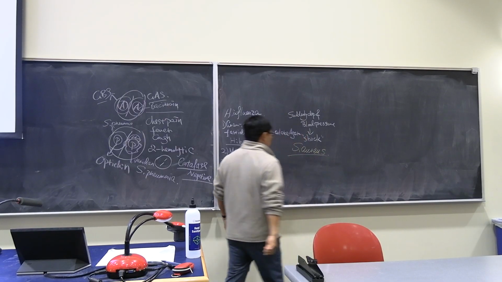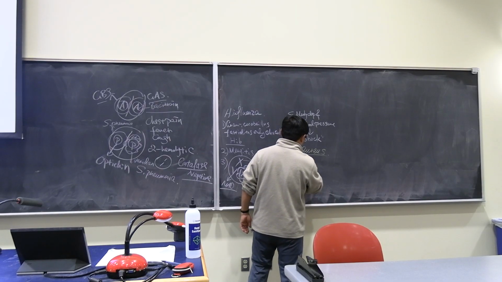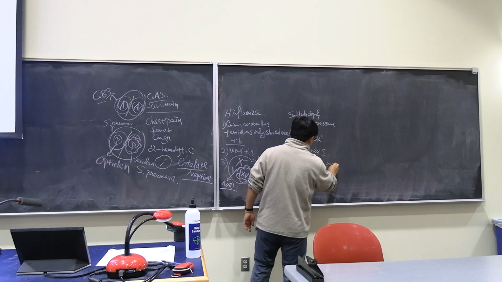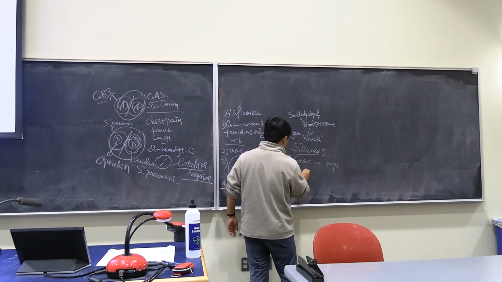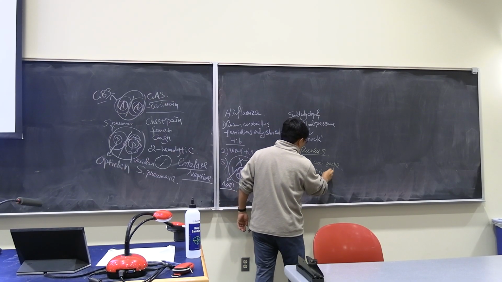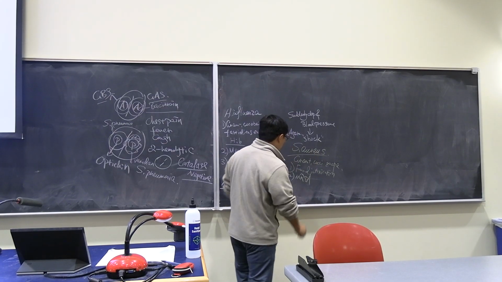So then go ahead to study what is Staphylococcus aureus, the gram-positive. These are gram-positive cocci, grape shape. Okay, what are we talking about? We talk about food intoxication. We talk about MRSA, methicillin-resistant Staphylococcus aureus.